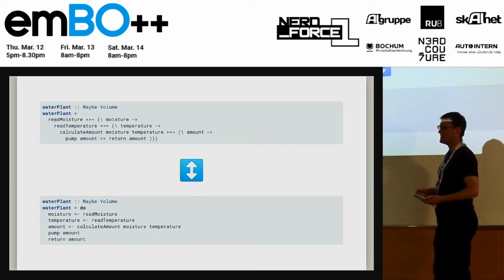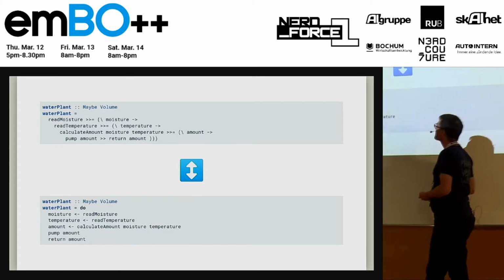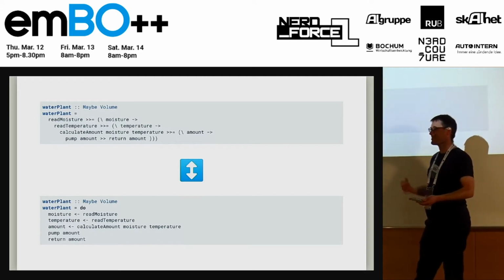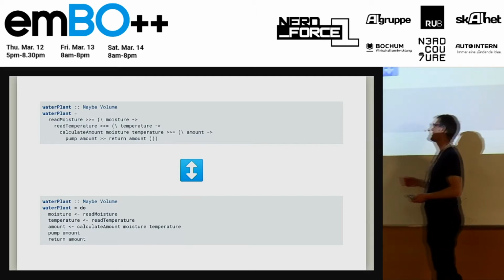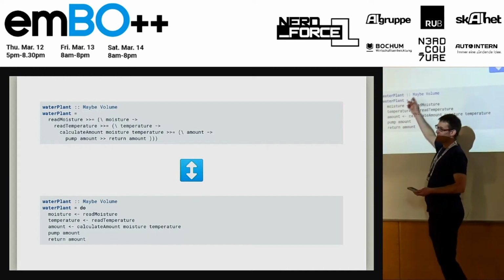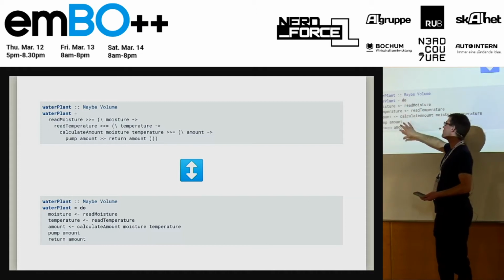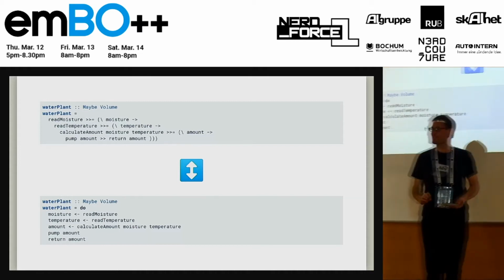Kind of the dark side of it: there is a lot of discussion in the Haskell community, saying do is evil, because it makes our very nicely functional code look procedural, so we don't like it.